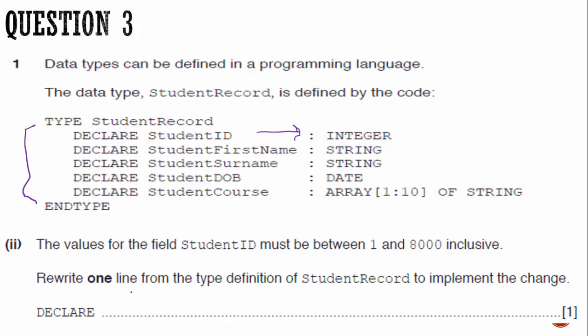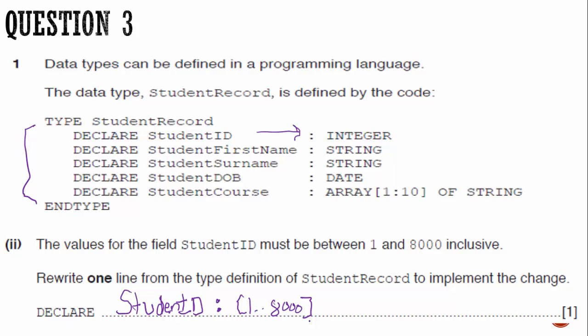Okay, so all we're going to do is redeclare student ID, but we're going to give it some limitations. So we're going to do student ID, and that's going to be 1 to 8,000. So what we're doing here is creating a list inside of our data type. We're not declaring it as an integer. We're saying they can do 1 to 8,000.